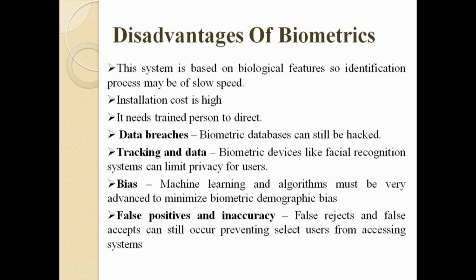Bias: machine learning and algorithms must be very advanced to minimize demographic bias. False positives and inaccuracy: false rejects and false accepts can still occur, preventing select users from accessing the system. These are the disadvantages we have in biometrics.